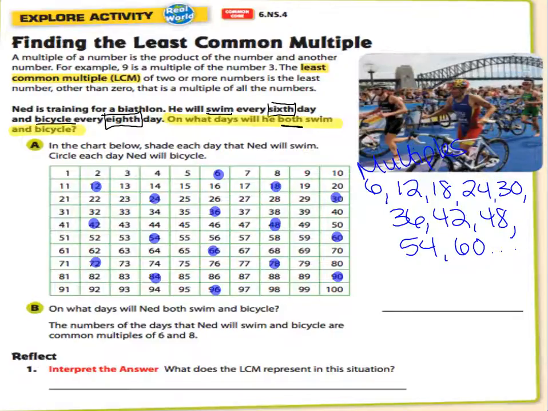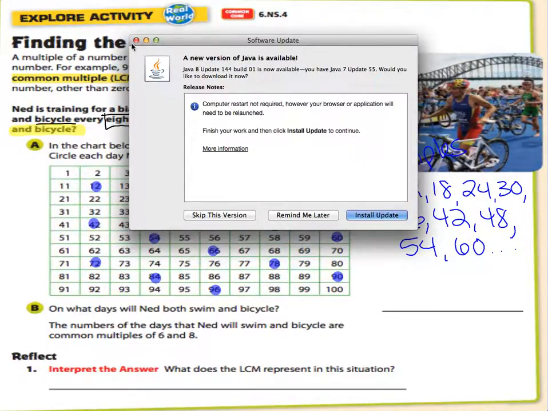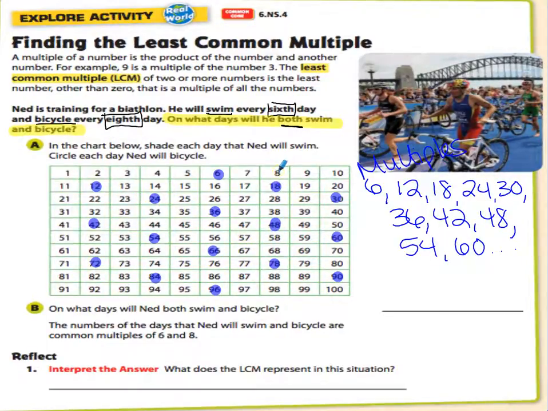So I'm going to use yellow for the bicycle. Right, so every 8th day. So day 8, day 16, day 24, oh, looks like my highlighter doesn't want to work again.